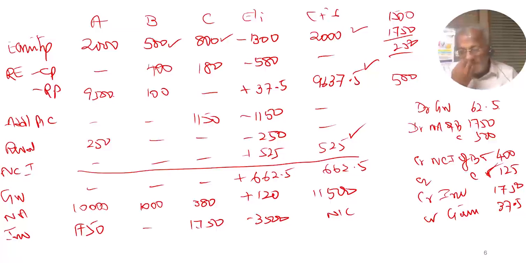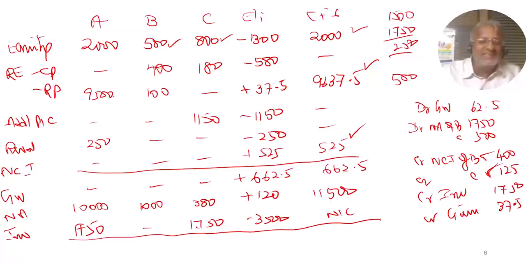Now let us take the calculator and check the total of assets and liabilities. Let us take A first. It is 2000 plus 9500 plus 250, all that comes to 11750.